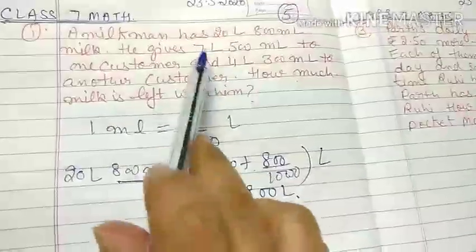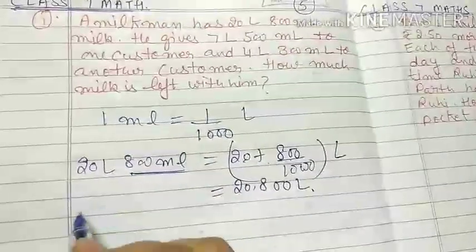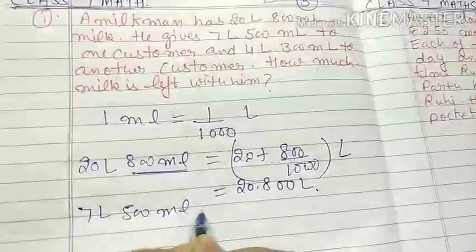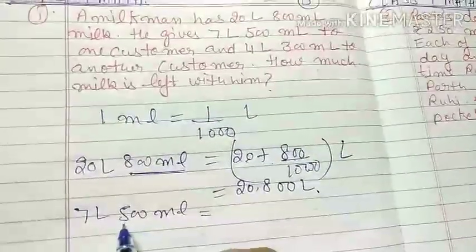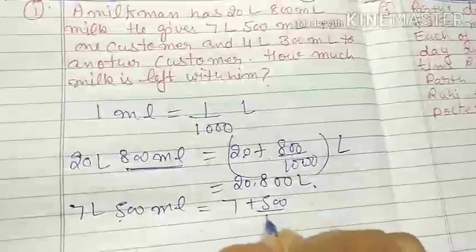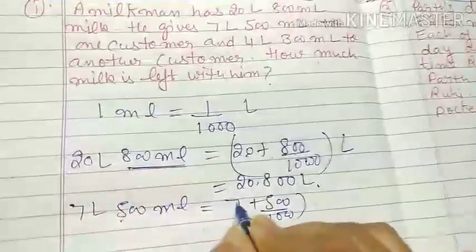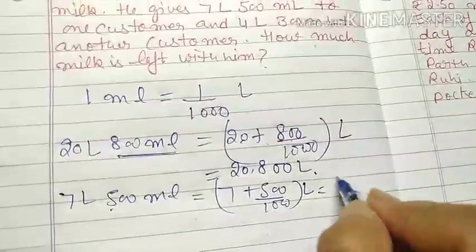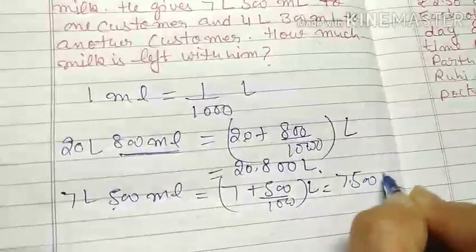Similarly, 7 liter 500 milliliter, that also you divide: 500 by 1000. 7 plus 500 by 1000 liter. So that gives me 7.500 liter.